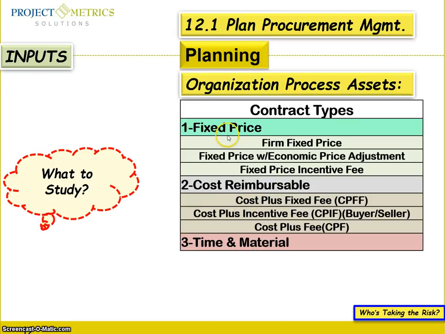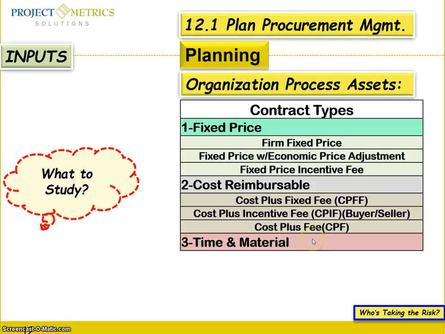Under fixed price, there is firm fixed price, fixed price with economic price adjustment, or fixed price incentive fee. The second type, cost reimbursable, has three things underneath: cost plus fixed fee, cost plus incentive fee with a buyer-seller ratio, and cost plus fee.